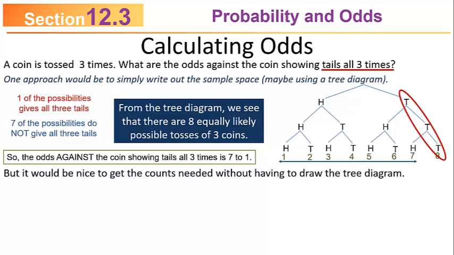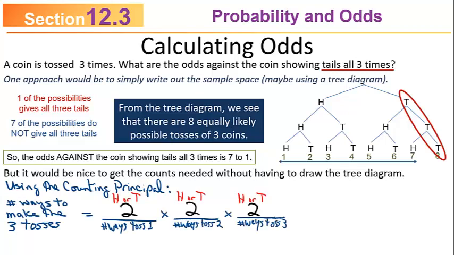If I want to try to get those counts without really drawing that tree diagram, why not try the counting principle? Because it's just a series of choices, one after the other. In this case, with 3 coin tosses, it's a 3-stage process, and at each stage, I've got 2 choices: head or tail for the first toss, head or tail for the second toss, head or tail for the third toss.